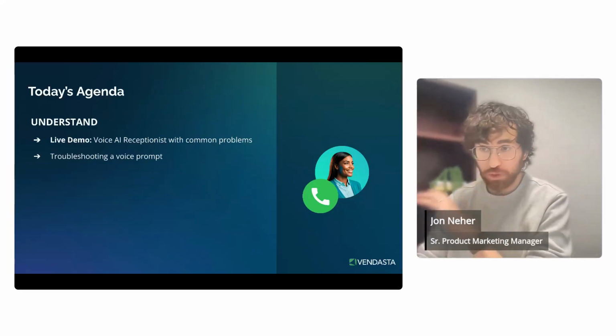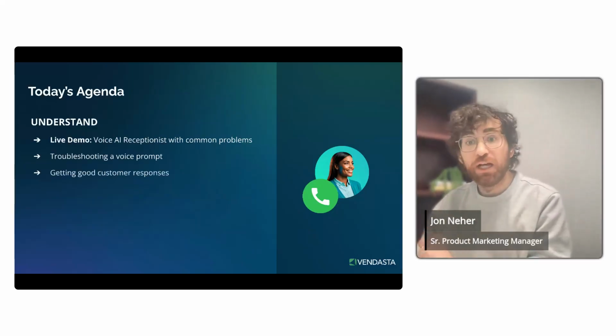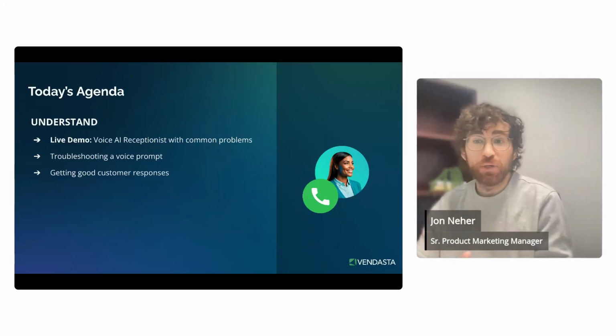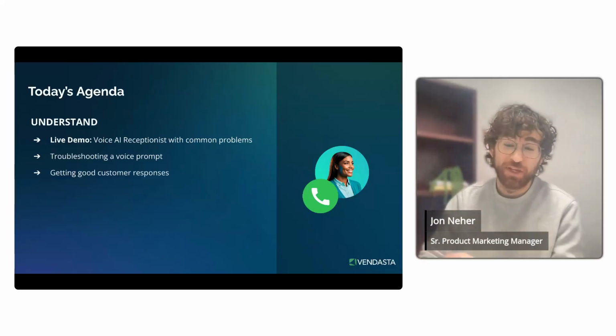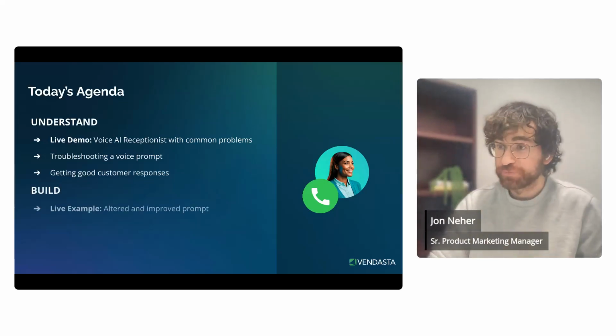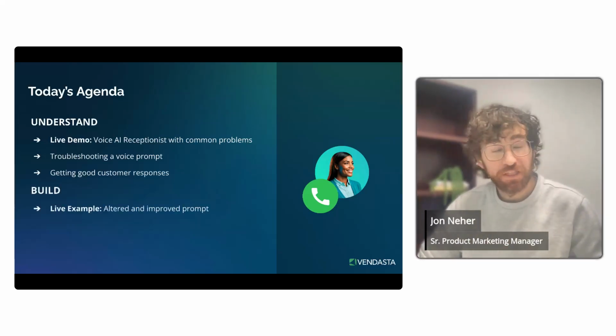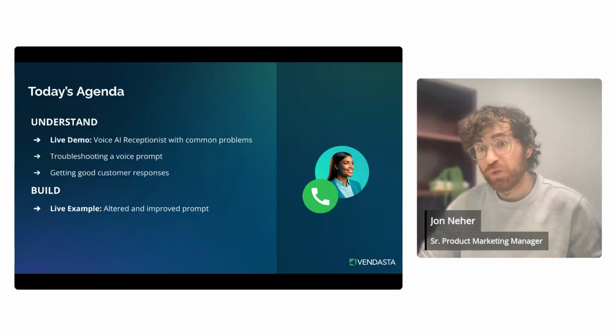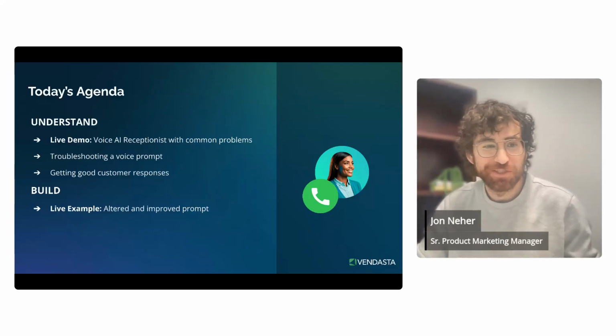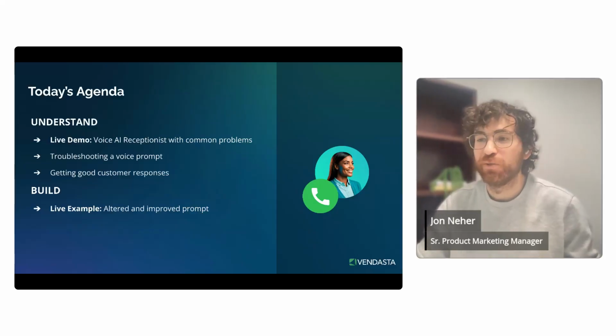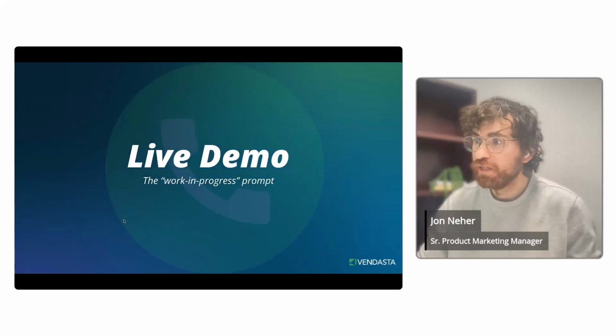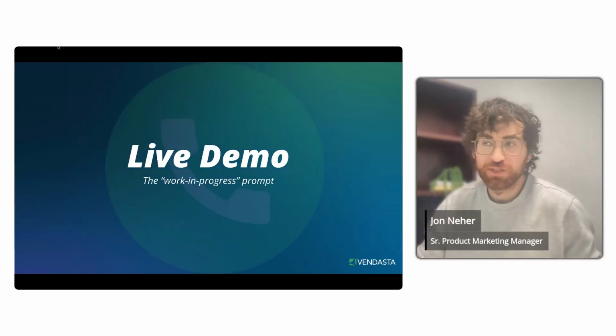So we'll look at how to troubleshoot, and I'll talk about how to get the best customer responses from your voice AI as well too. And then we'll have a live example of what it looks like after the fact. And Tim's going to have a brand new AI voice receptionist to use with his business if he so chooses. So without further ado, let's start off with where we started out.